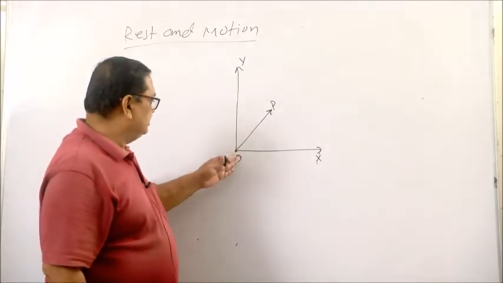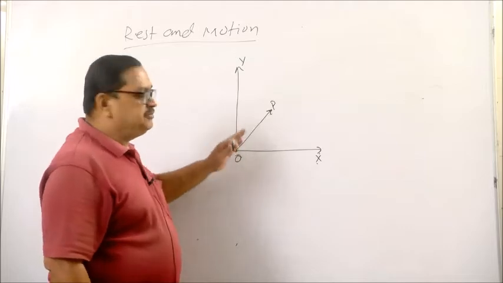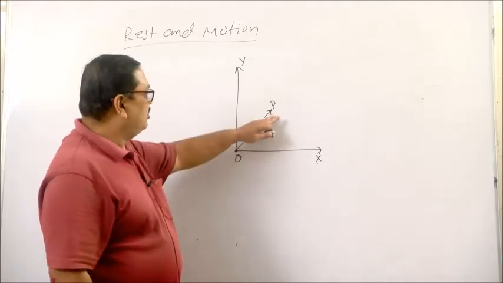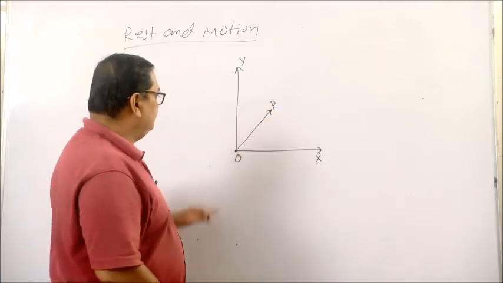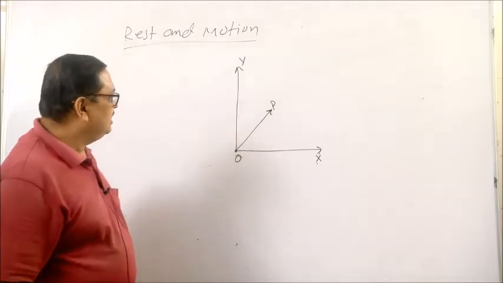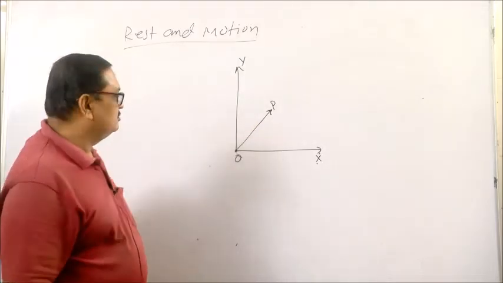If the value of distance remains constant, then point P is at rest. If the value of distance varies with respect to time, then the body is in motion.